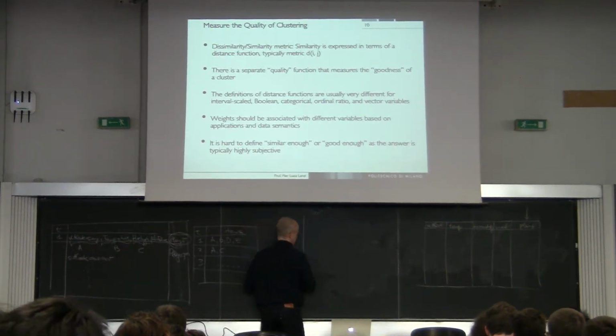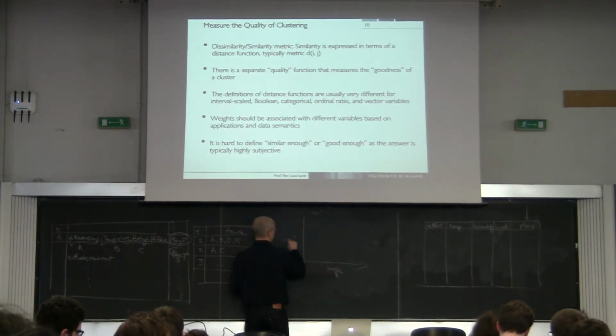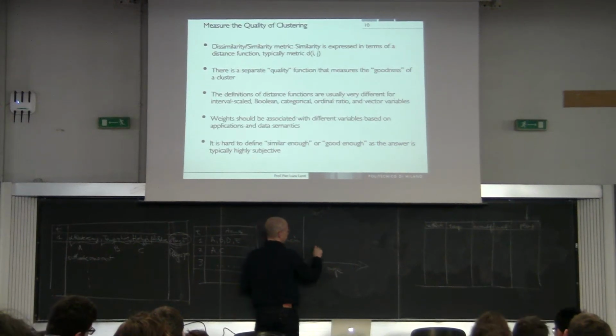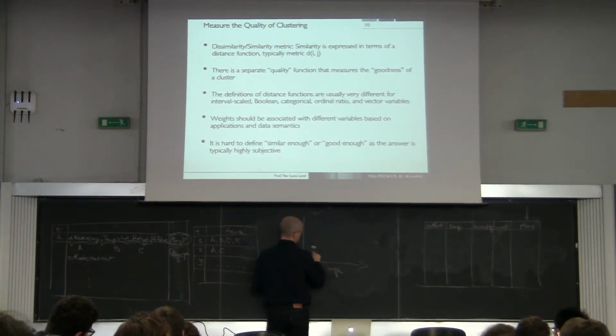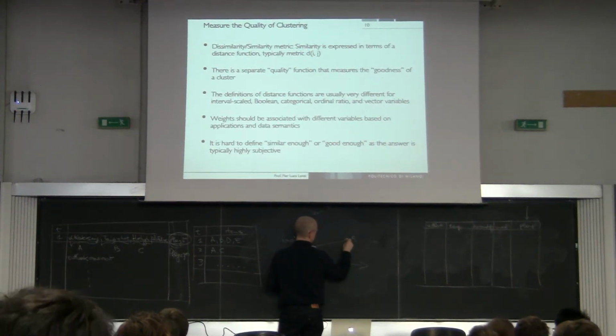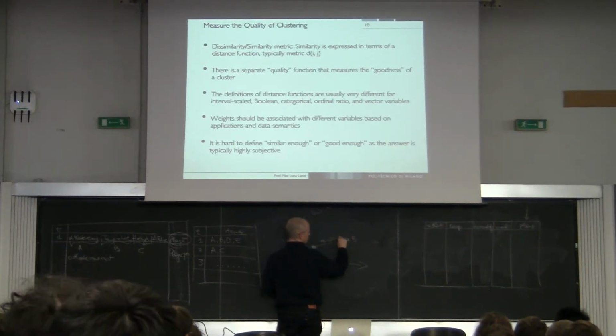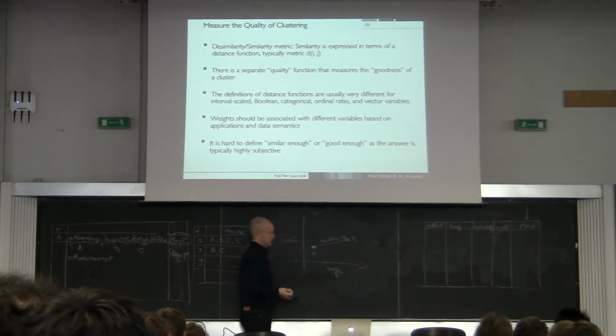and one variable is age, one variable is income, and I have, I don't know, 2 people here, and I use this distance as a function of the similarity.